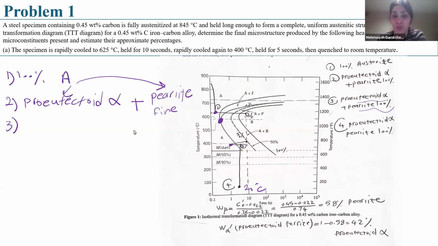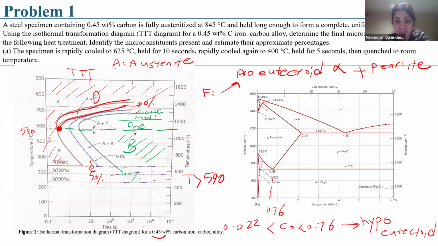Here you should use the lever rule. If you remember, and you can use the previous slide, it is 0.76 here, and I show it with another color, such as black. We are here, 0.45. Here is pearlite. Here is ferrite. Which side is far from ferrite?